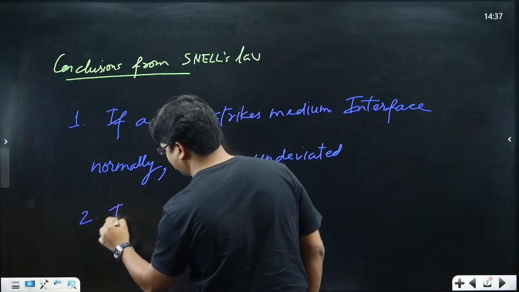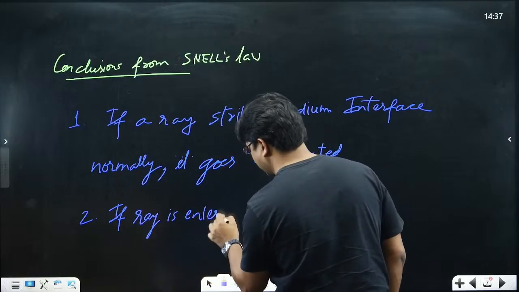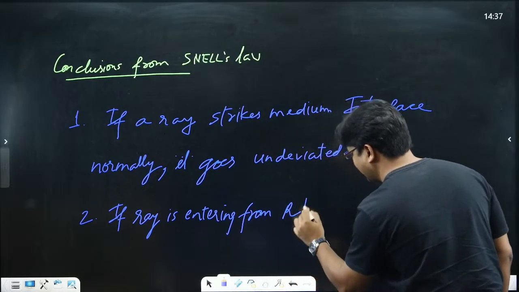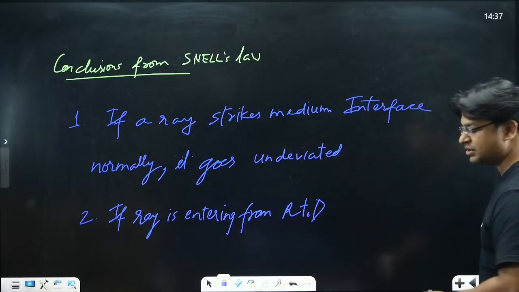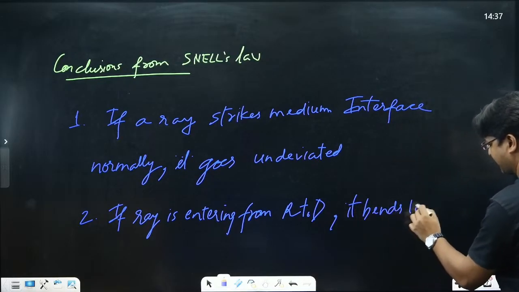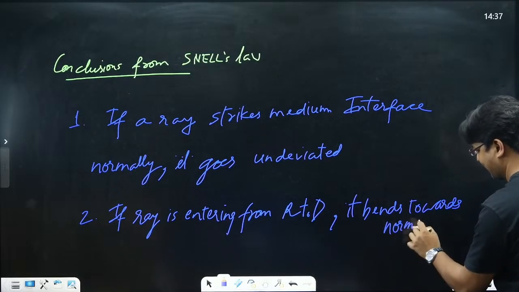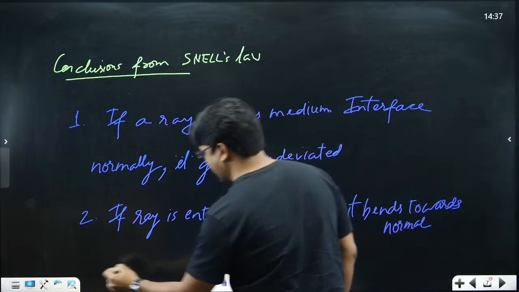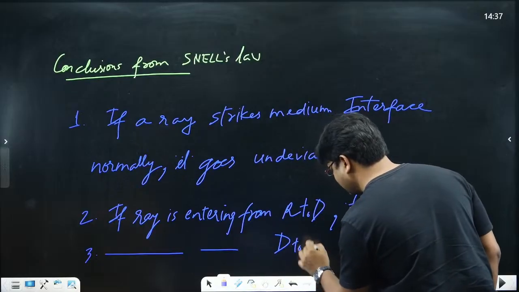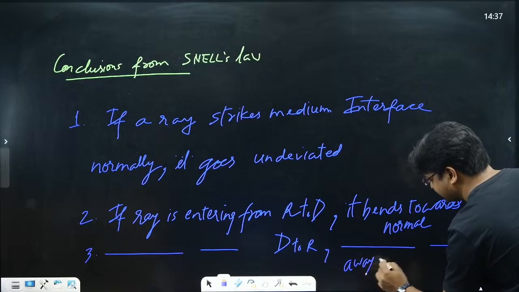Second point, if the ray is entering from rarer to denser, I'm writing R to D, from rarer to denser, it bends towards the normal. And third, if the ray is entering from denser to rarer, then it bends away from the normal.